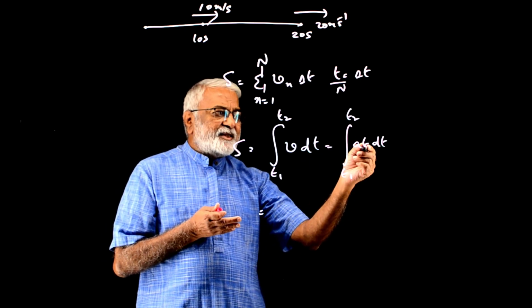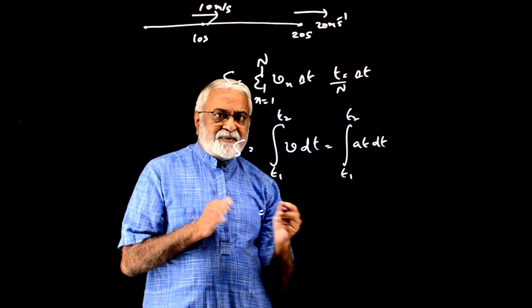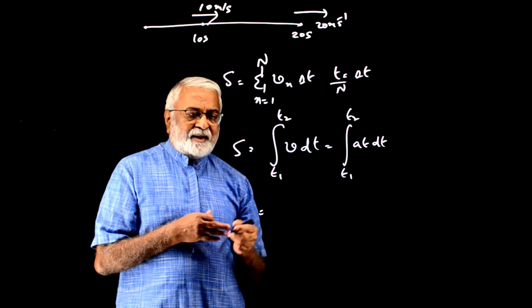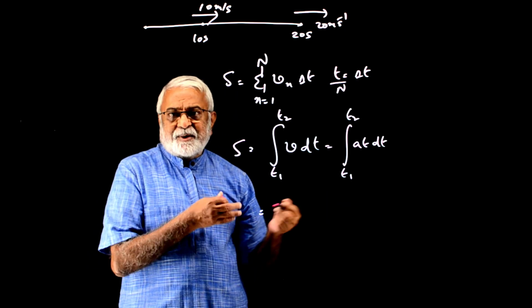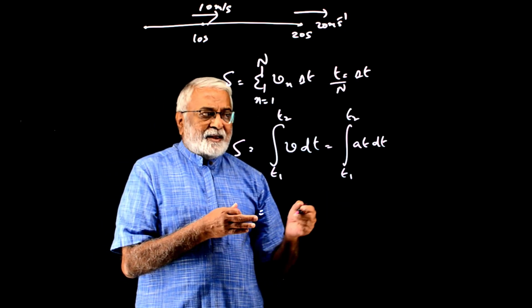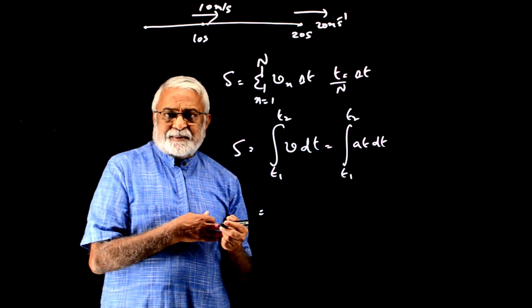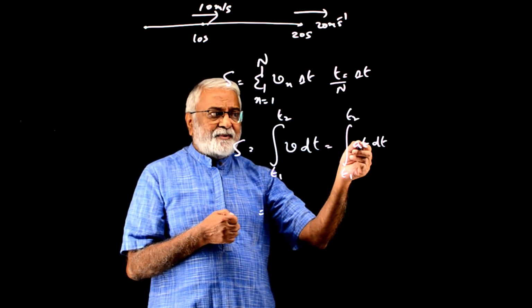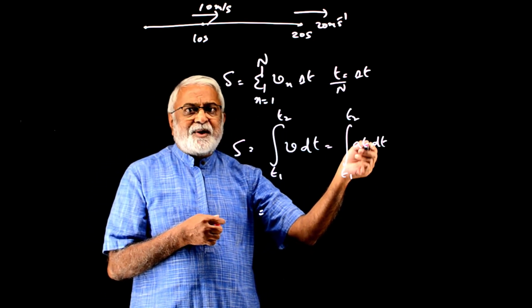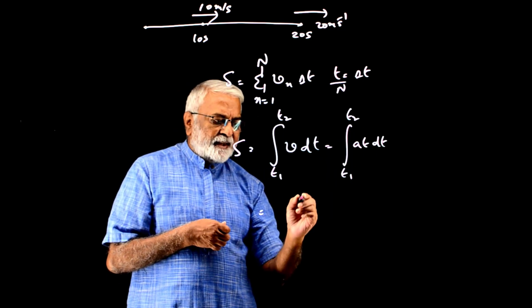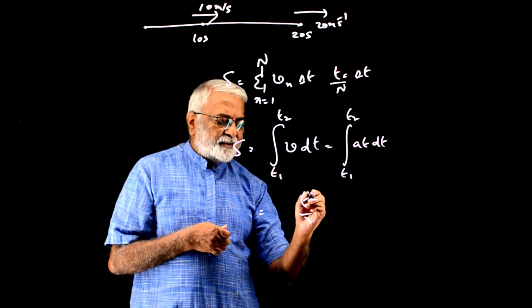A comes out, and this t dt is the part you are interested in. You ask a mathematician and he calls the process integration, and to get the result you have to find out what you should differentiate to get t, and that is t squared by 2.